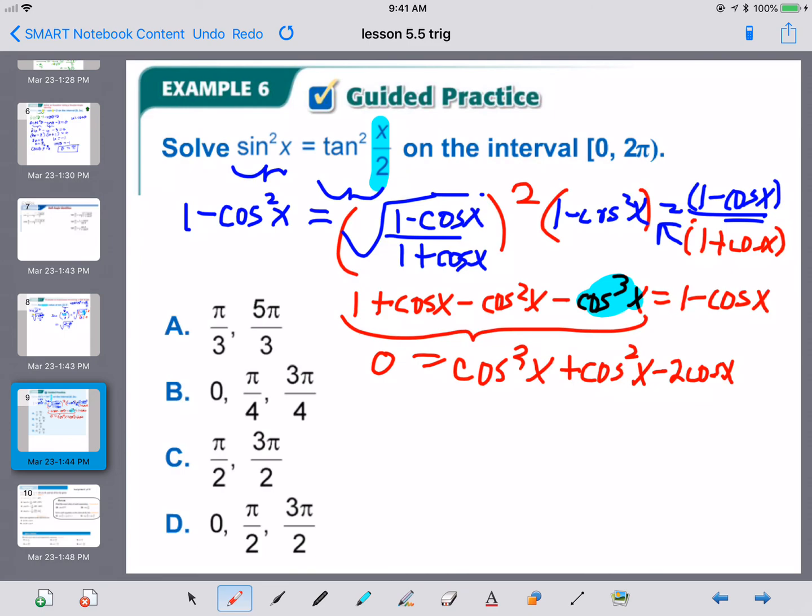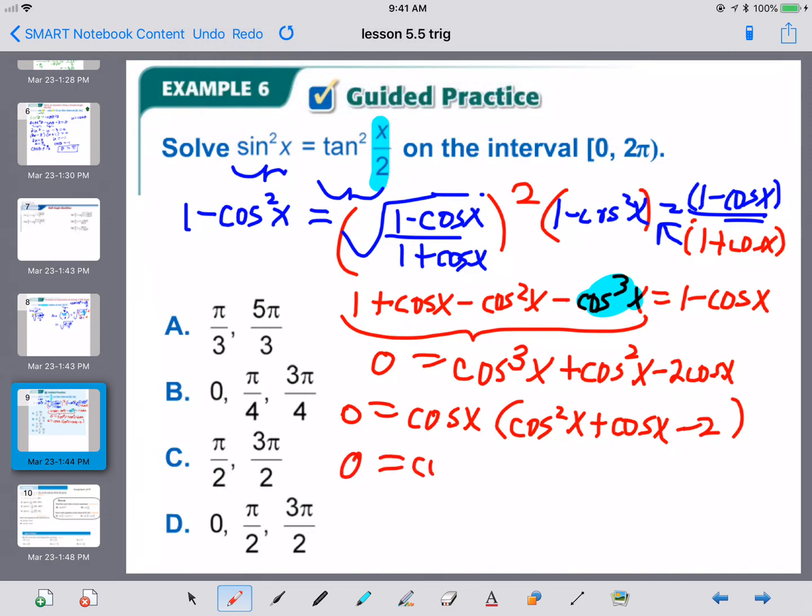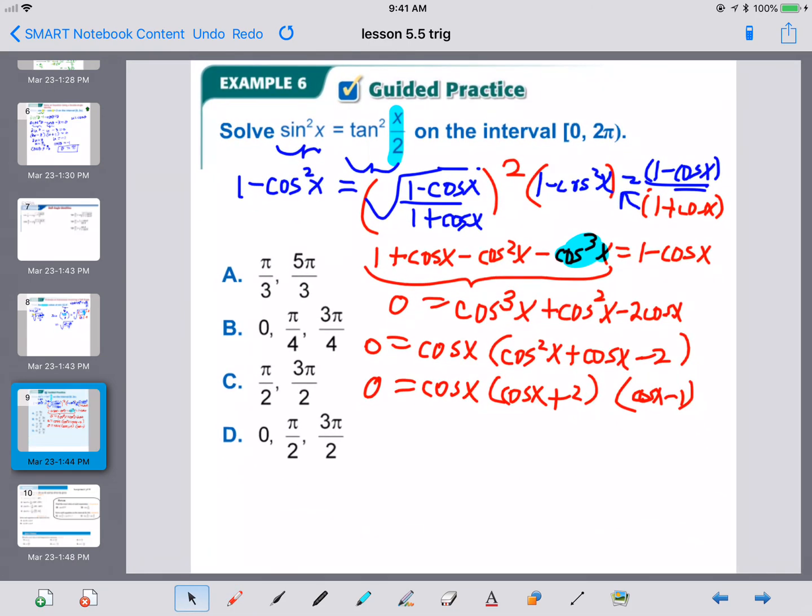Now, anytime you have something equal to 0, the best way to solve it, if you can, is to factor it. This can be factored by factoring out a cosine. We get cosine squared plus cosine minus 2. That still is a factorable quantity in parentheses. That's cosine of x plus 2 times cosine of x minus 1. We have three quantities which all will get their own 0 equation.